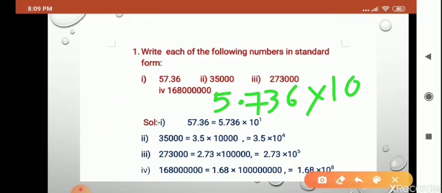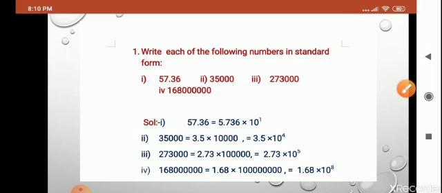So here we move the decimal to the left, that means 5.736, and we move the decimal one place to the left, so the power of 10 is 1, that means 5.736 into 10 to the power 1. This is the standard form.